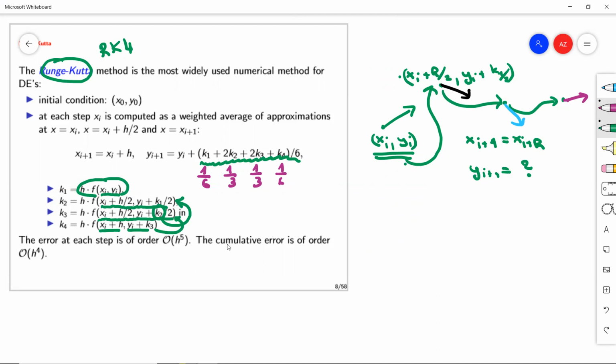So the cumulative error is then O(h^4), by the same reasoning as for the Euler method, because we are doing n steps, and n is equal to (b minus a) over h. So n times O(h^5) is O(h^4).